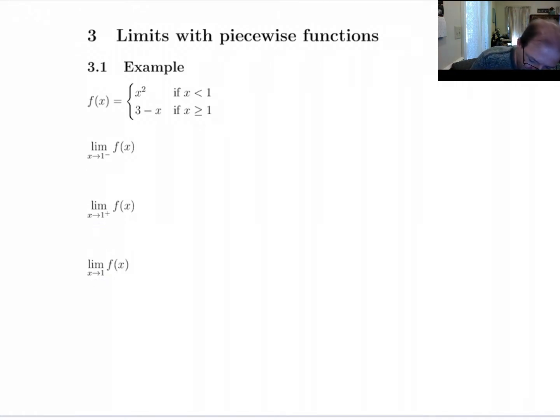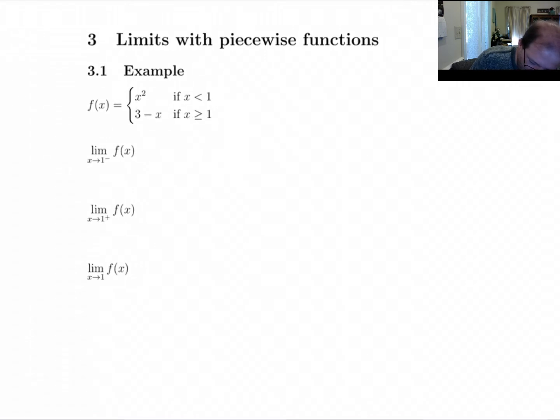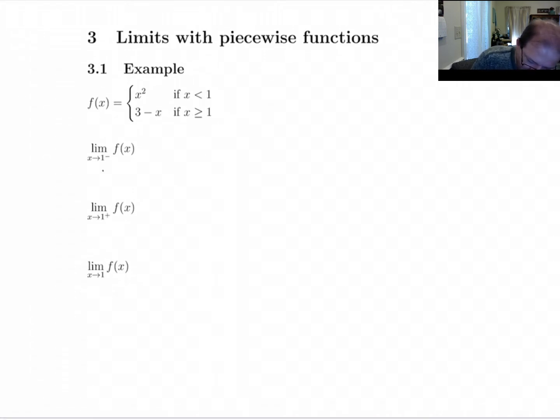All right, so for this limit, as x goes to 1 from the left, notice what this means. X goes to 1 from the left. That means that, if we think of this as our number line, x is approaching 1 over here, but it's approaching from the left.